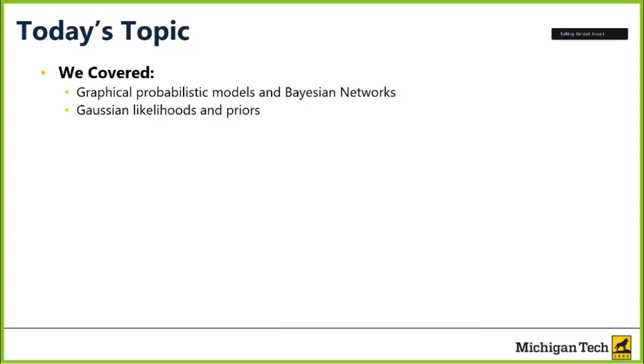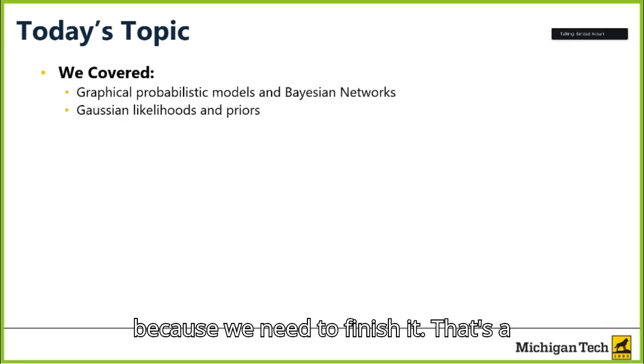We introduced Bayesian network, and we discussed Gaussian likelihood and prior, and how we can make life easier using Gaussian distribution. But today, we're going to continue that because we need to finish it.